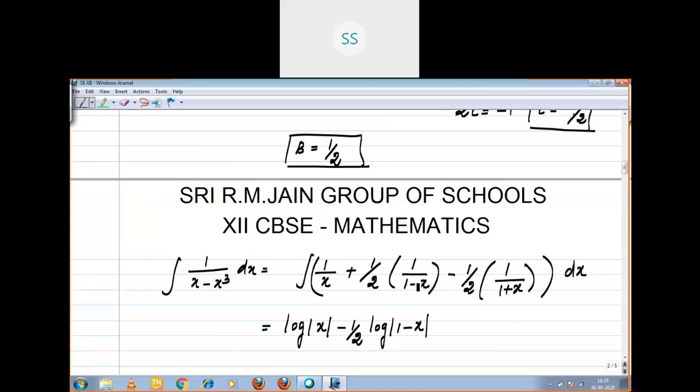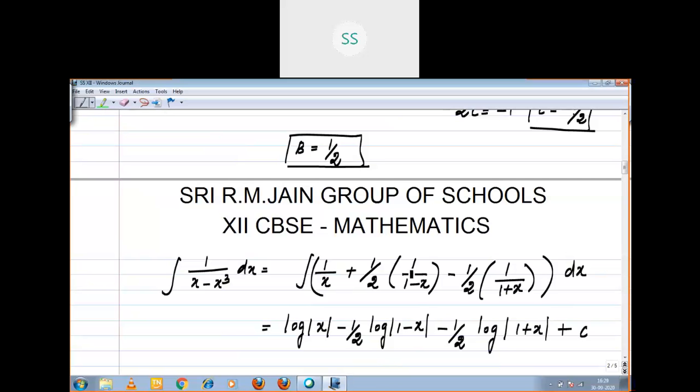Next, minus 1 by 2 into log of modulus 1 minus x. How I arrived at minus? See, when I integrate this term, log of 1 minus x divided by minus 1.